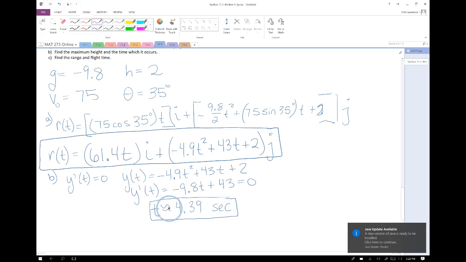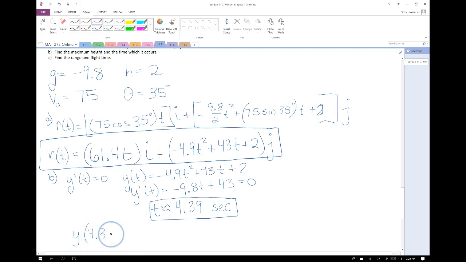So now to actually figure out the max height, we plug this time back into our y function. So we need to calculate negative 4.9 times 4.39 squared plus 43 times 4.39 plus 2.